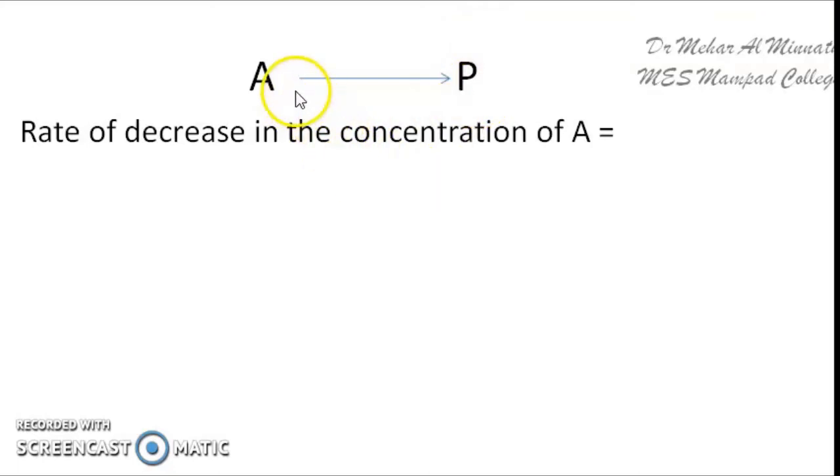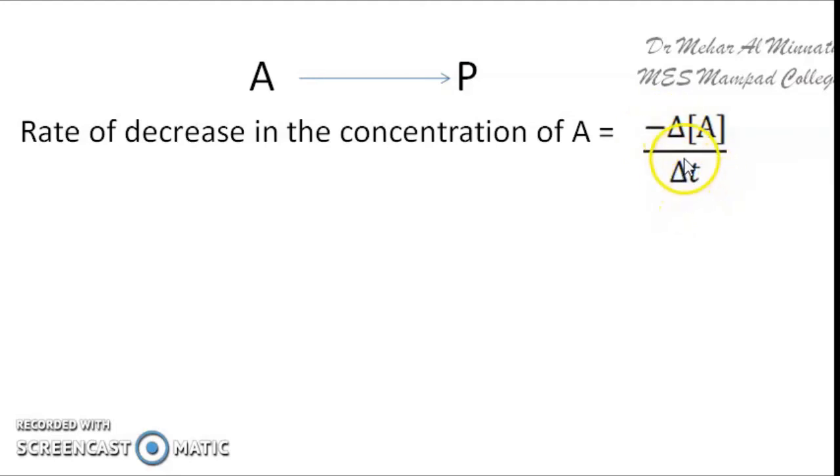So the rate of decrease in the concentration of A can be expressed as minus delta concentration of A by delta t. What is minus for? Because it is a decrease in the concentration. When you subtract the initial concentration from the final concentration, we get a negative value.